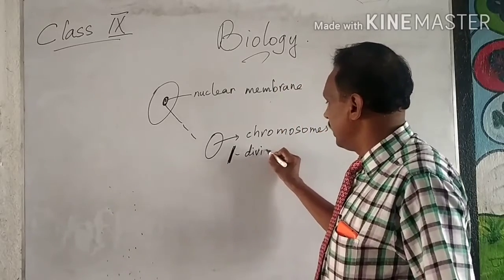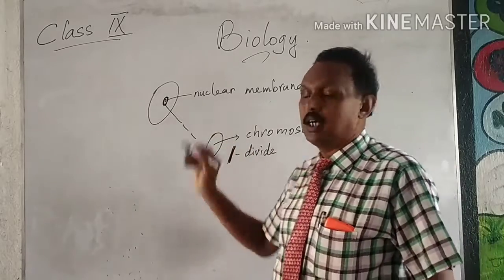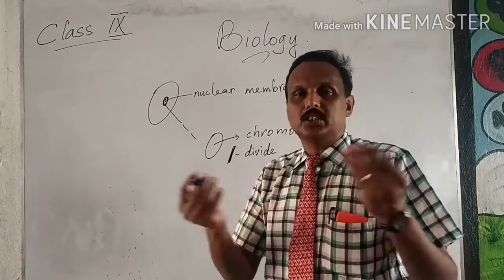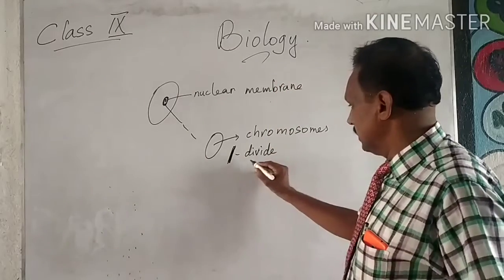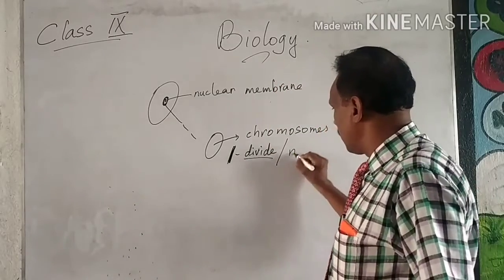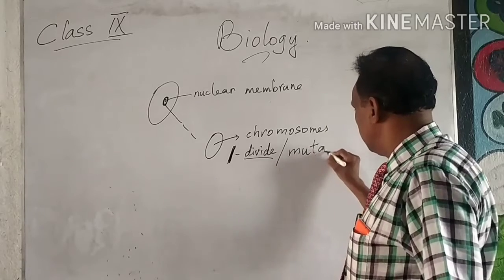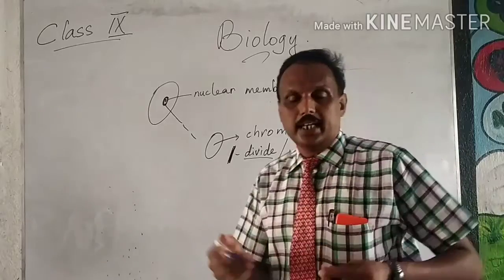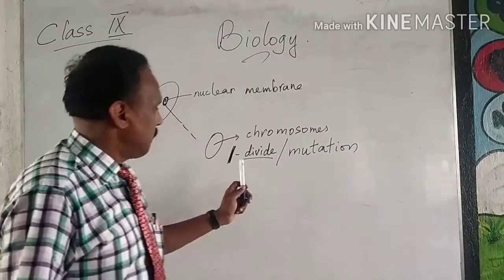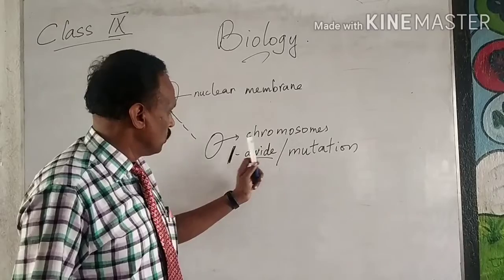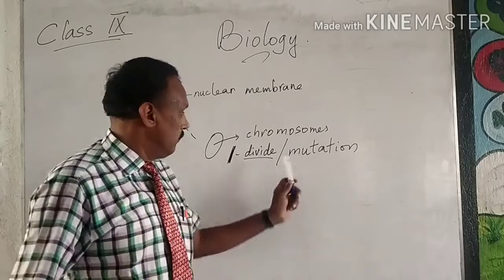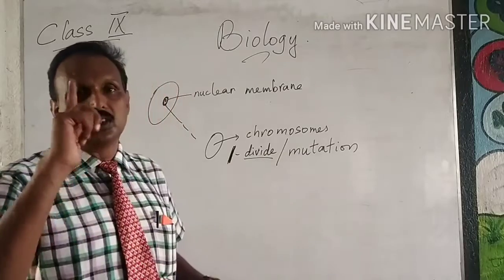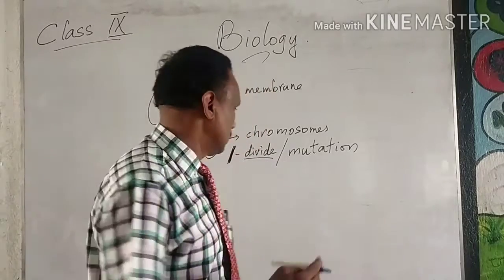We might have studied dividing earlier in class 8. The cell divides into 2 or more cells. The scientific word for that is mitosis, dividing. You can see these chromosomes only when it is dividing, and at that time we see them as a rod-like structure.